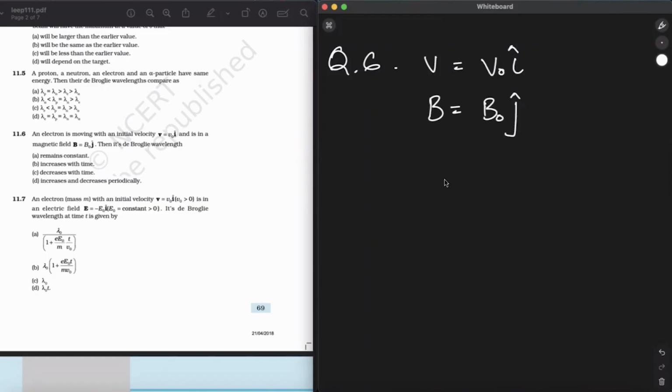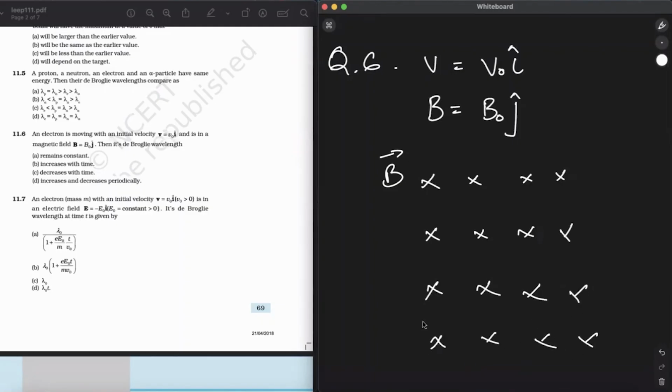See, if a particle is carrying a positive charge q and moving with the velocity v, let me draw it over here. This is the v, going inside the screen. This is the magnetic field. I'll draw the axes over here: this is x, this is z, and y is going inside.